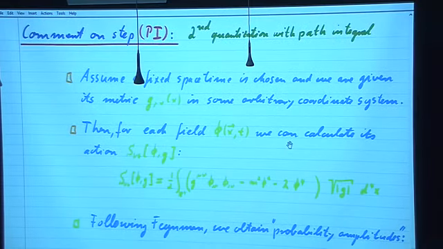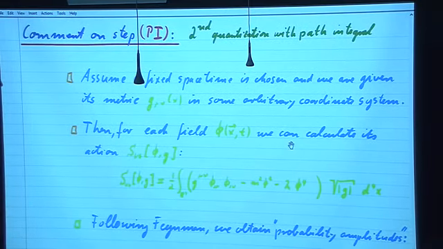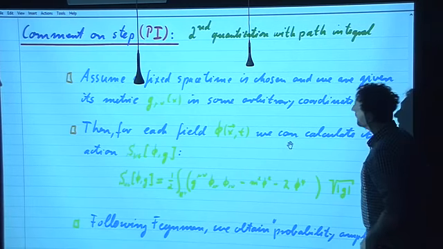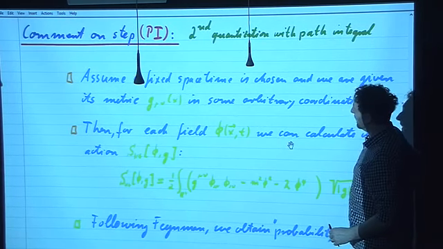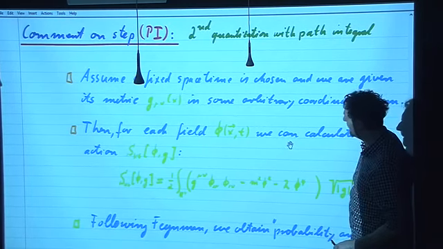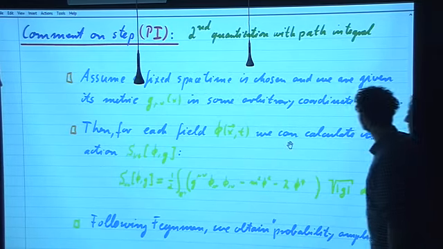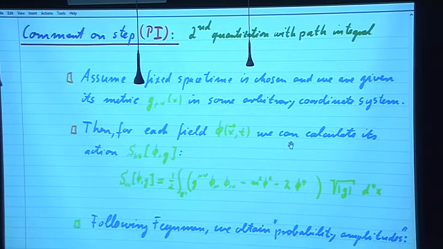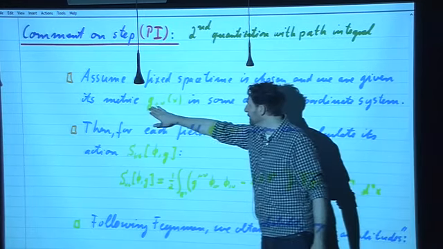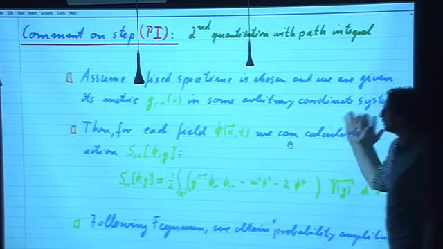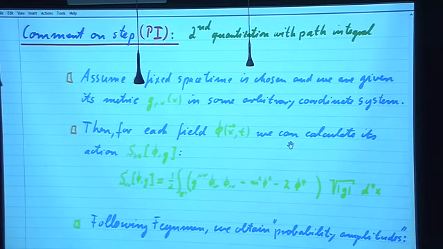Okay, so how does one do the second quantization with the path integral? Let's assume that we are given a fixed space-time background. So let's say it's a FRW space-time, for example. Then we assume that the classical g mu nu of x is given, and we're supposed to work with that. We're not quantizing it. We're just studying how the field lives on that, a quantum field.